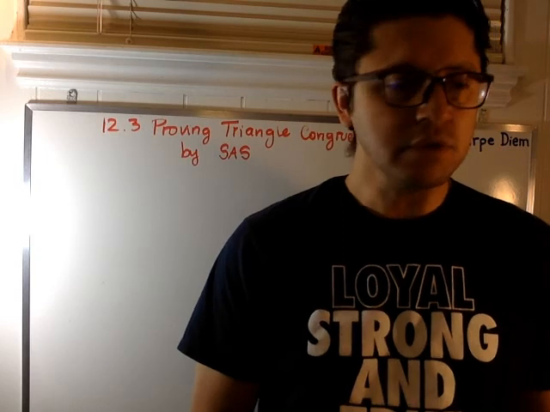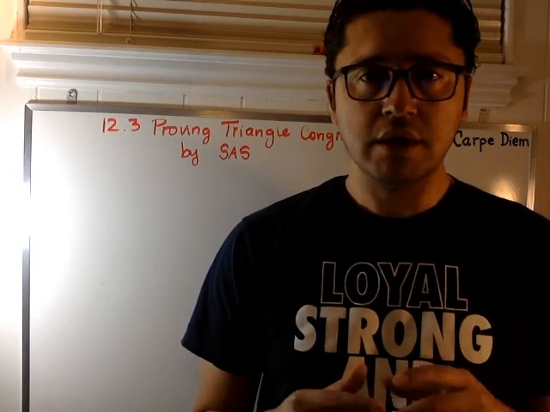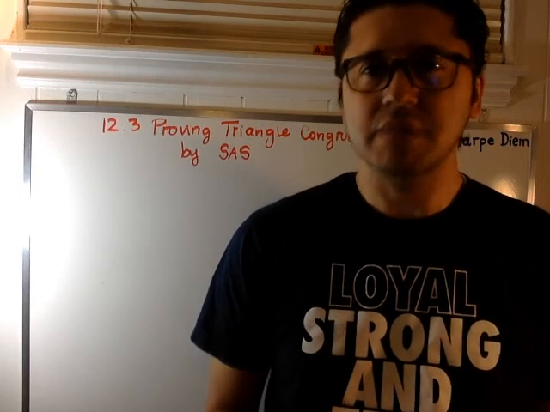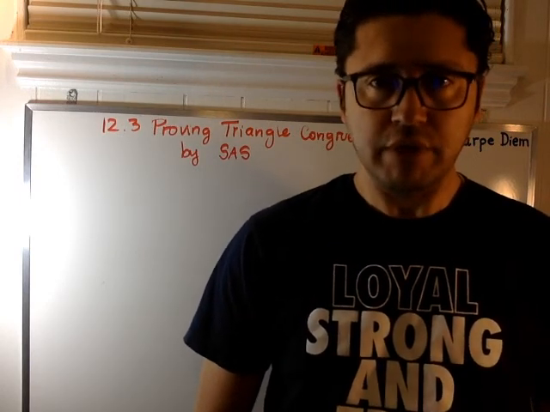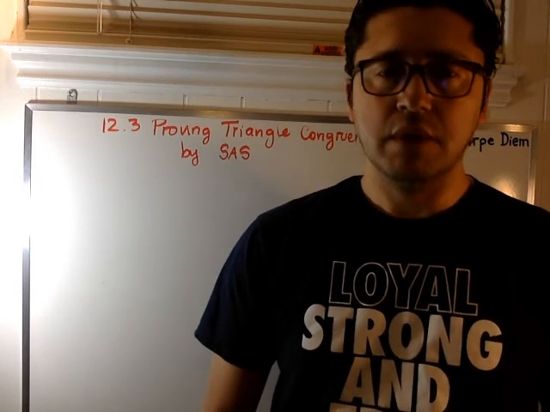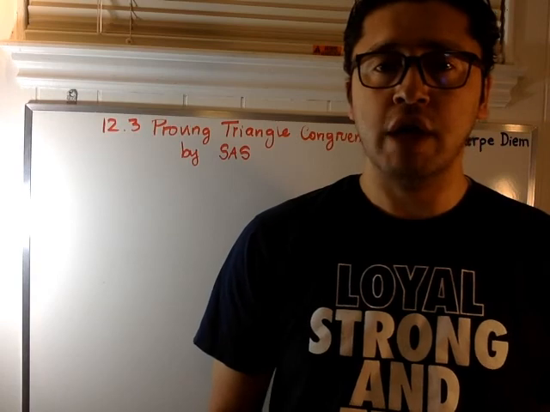Okay, so I'm going to start talking about one of the concepts through an exercise in section 12.3. What I'm going to do is explain a little bit about how to prove triangle congruence.